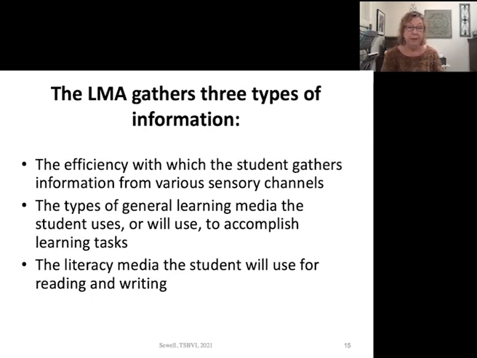The literacy media the student will use for reading and writing is the third thing on the list of what you are gaining from your LMA. And that's the range of tools that's used to complete reading and writing tasks in print, Braille, and other tactile methods.